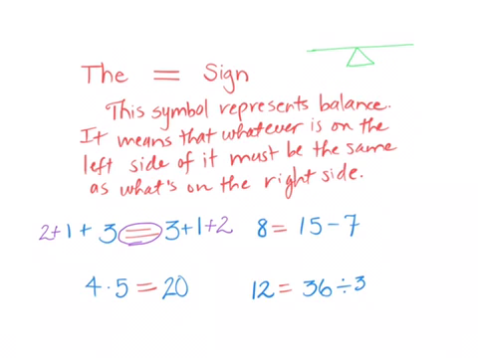So 2 plus 1 plus 3 would be equal to 6, and 3 plus 1 plus 2 is also equal to 6. Because I added 2 to each side of the equality, it remains balanced.